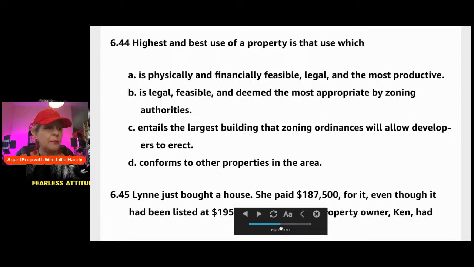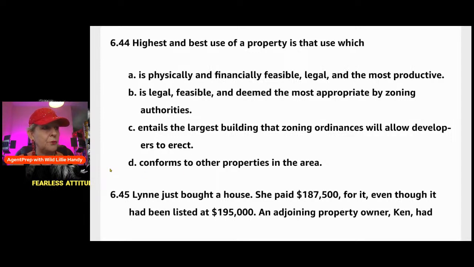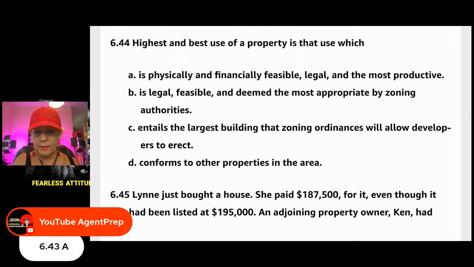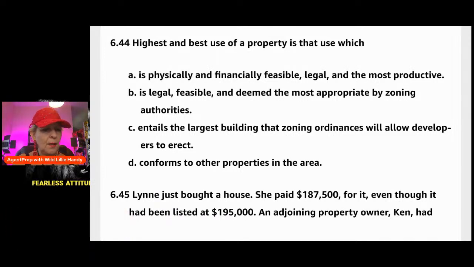Because our job as a listing realtor is to procure a ready, willing, and able buyer at the best price for the seller. Make the best money for the seller. Way to go, Cindy.